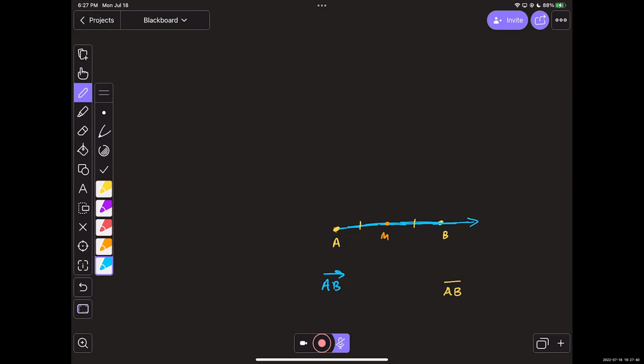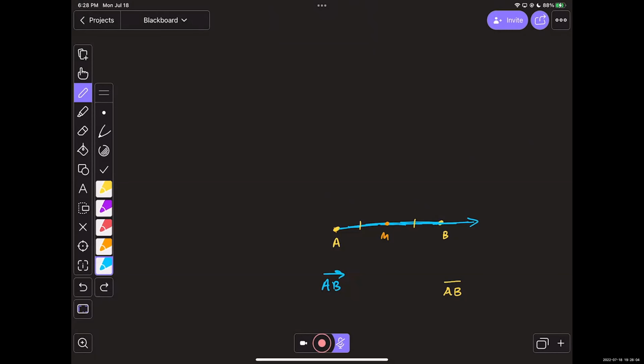Now, it's very important that for a ray, you don't do the same thing that we do for a line segment. For a line segment, we said it doesn't matter if you start from A or from B. For a ray, it does matter which one you start at, and which one I write first. You'll notice here the arrow is on the B side, and that means I'm going on infinitely in that direction.